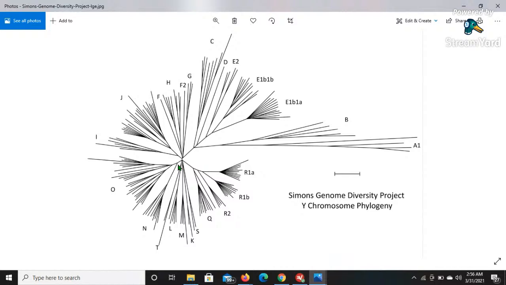It looks like they're joined, but again, the rooting of the tree is difficult considering they all had the same Y chromosome to begin with. So you don't know if it was rooted here or here. You really don't know. Could be a separate tree, but they separated early on. The O's and the N's separated early on, but not all the way back, apparently, according to this genetic distance chart.